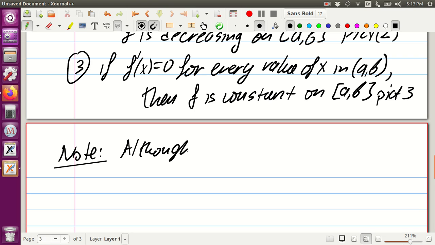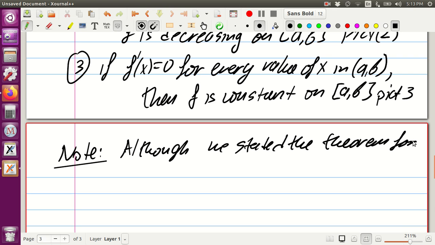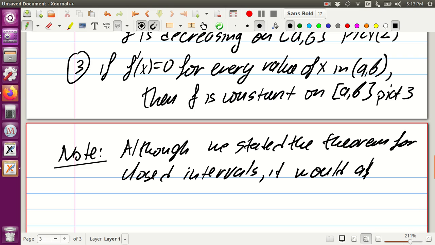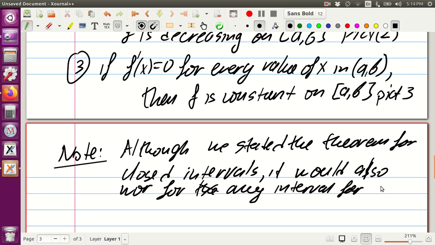Although we stated the theorem for closed intervals, it would also work for open intervals, for any interval on which f is continuous.